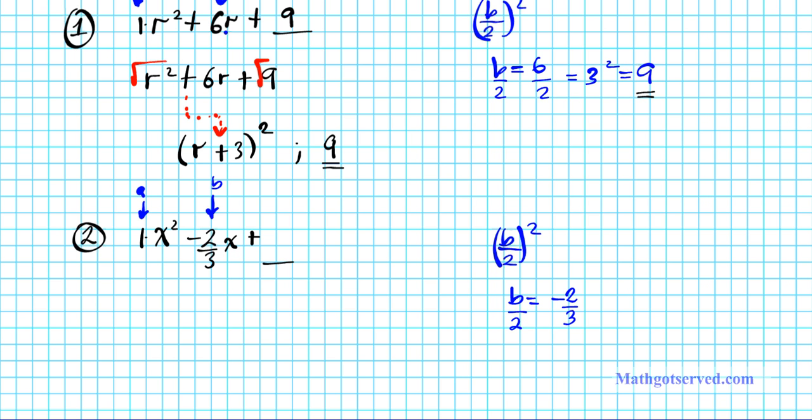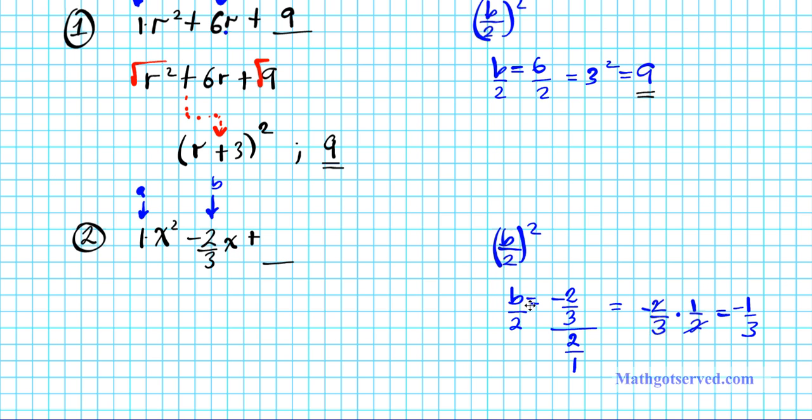So how do we divide negative 2 over 3 by 2? Well, since the numerator is a fraction, we can express the denominator as a fraction also. To divide is the same thing as to multiply by the reciprocal of the denominator. So we're going to multiply negative 2/3 by the reciprocal of 2 over 1, which is 1/2. All right? So these two 2's divide out, and then you end up with negative 1/3.